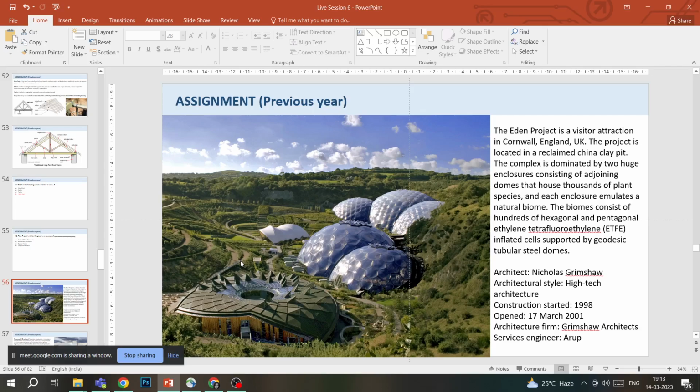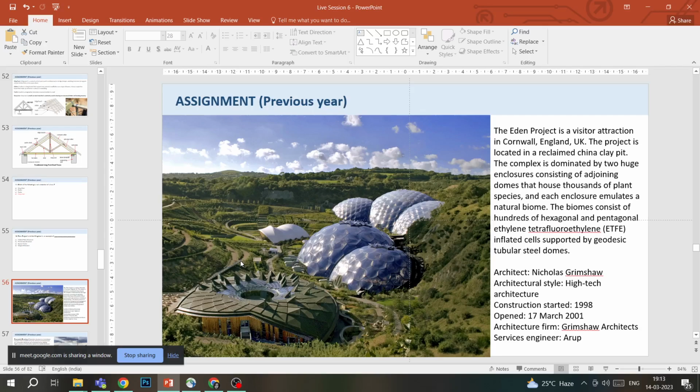The biomes consist of hundreds of hexagonal and pentagonal ethylene tetrafluoroethylene (ETFE) inflated cells. This is what ETFE looks like, supported by geodesic tubular steel domes. These are geodesic tubular steel domes, and they have this layer of ETFE on it, and hexagonal and pentagonal shapes are being used in this kind of dome.